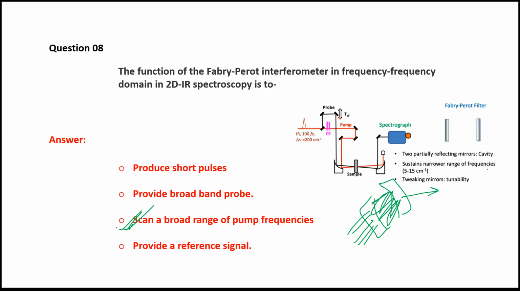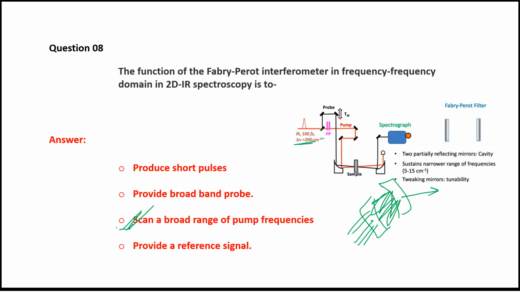The next question is, in the Fabry-Perot interferometer, in frequency domain, the function of the interferometer is to see. In this frequency domain, you use an IR beam that is a very fast short pulse of 100 femtoseconds.